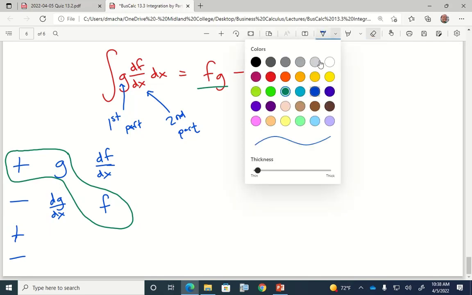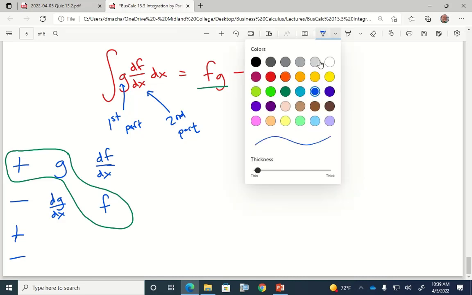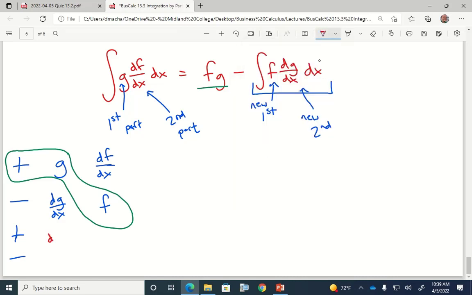But if you decide to keep going with this little table, what ends up happening is that you're basically saying, I need to solve this by integration by parts. And so you apply the same formula again, but you're starting now with this as your new first part, and this one as your new second part. And when you write another line of this table, you're basically saying, I'm taking, no, sorry, my bad. I got my first and my seconds confused. That's the new first part, and that's the new second part.